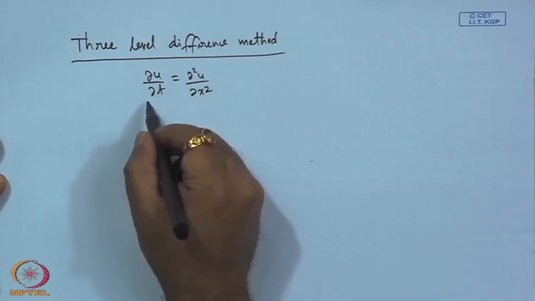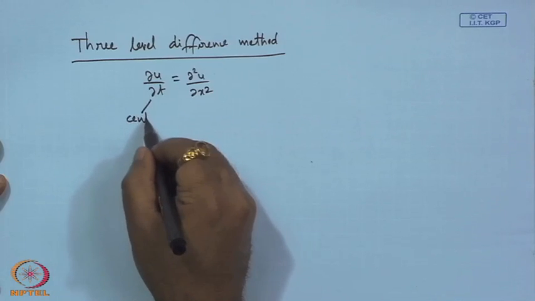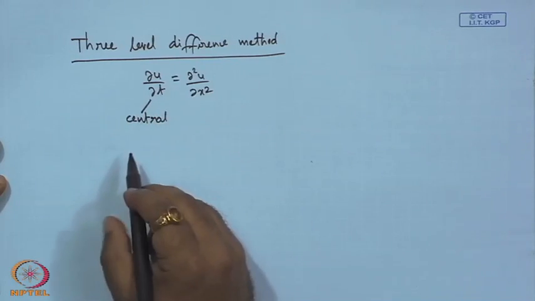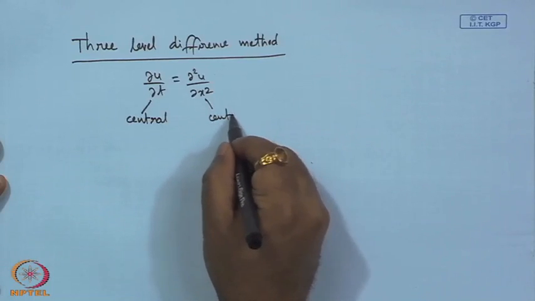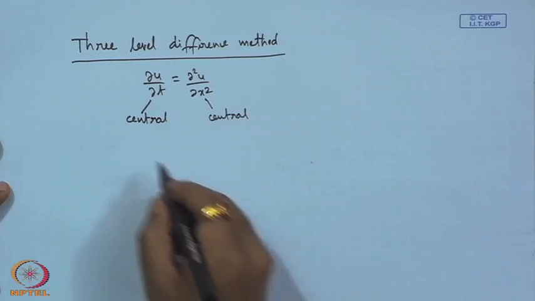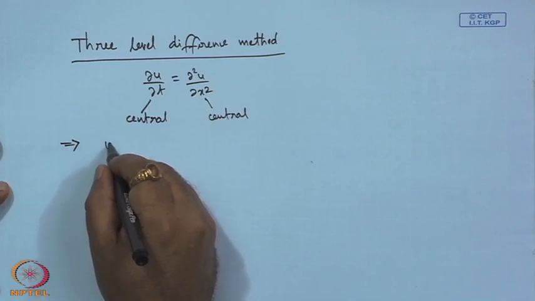Still we are with our heat conduction, then use central. The first term we are differentiating, and this is the standard central for second order.